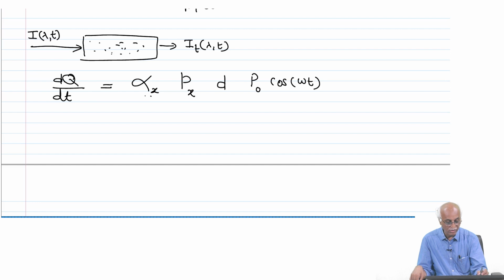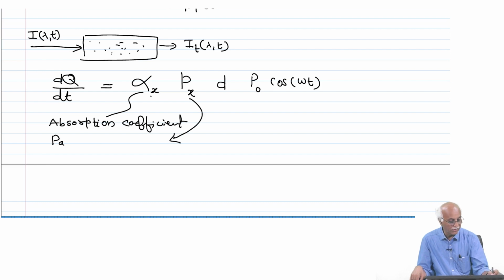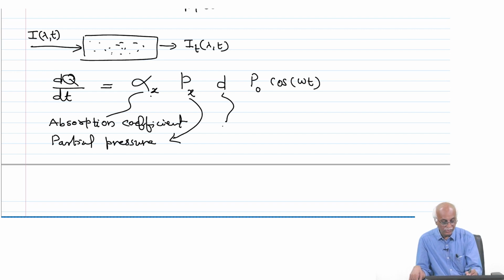It depends upon the molecular absorption coefficient alpha, Px is the partial pressure of those molecules, and d represents the length of the cell.